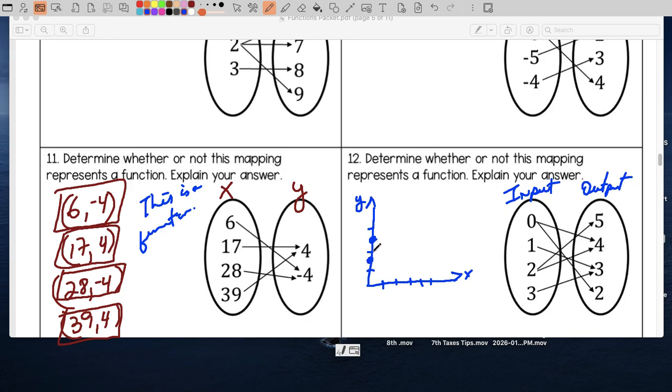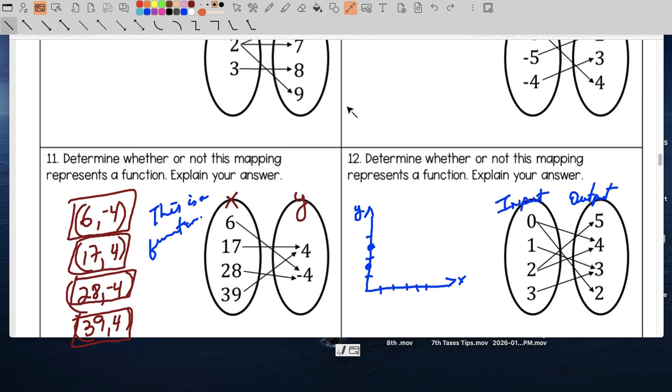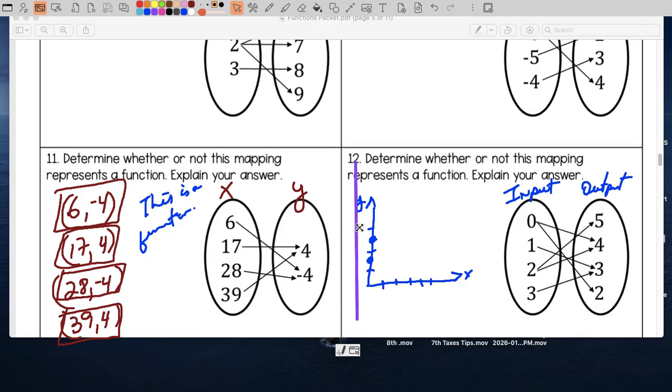So notice that if you were to do the vertical line test, as you pass this purple line, look, when it's on top of the x value of 0, it touches the purple line at 0, 4 and at 0, 2.